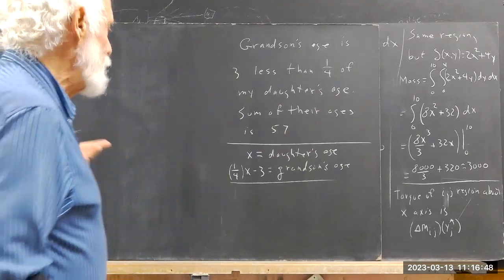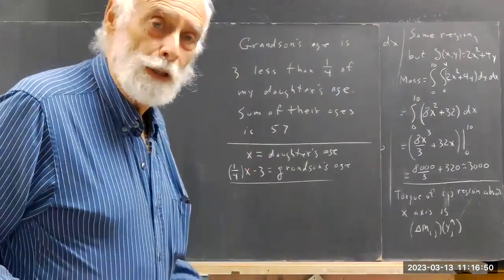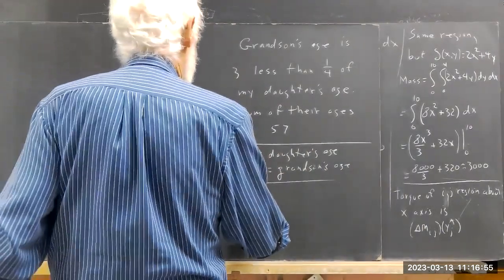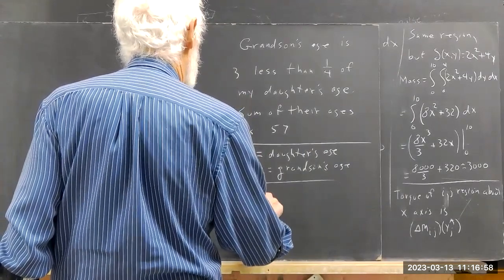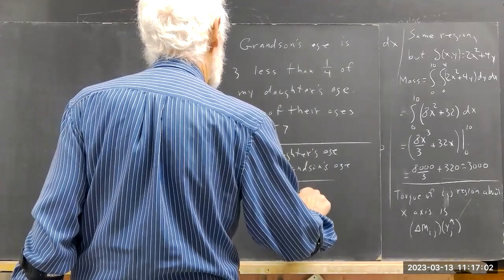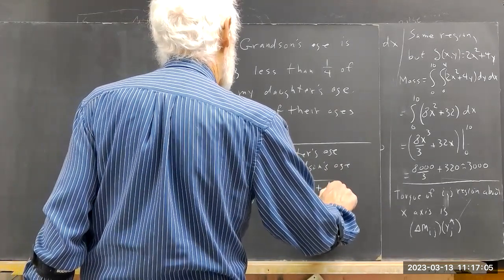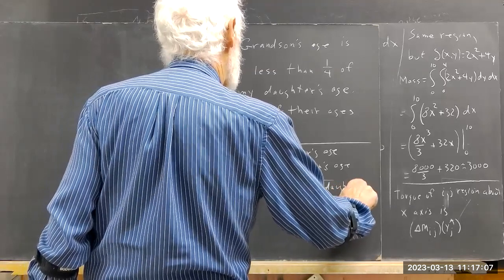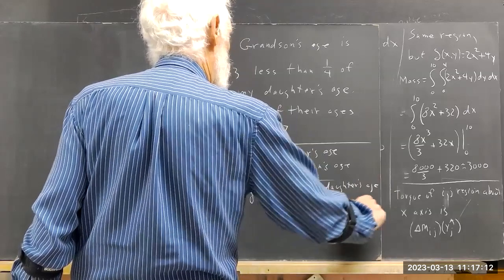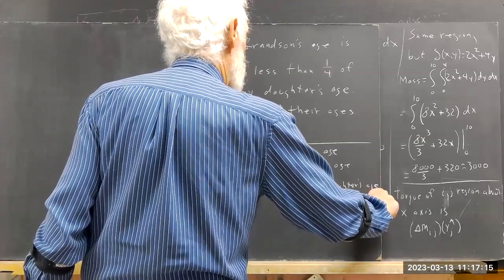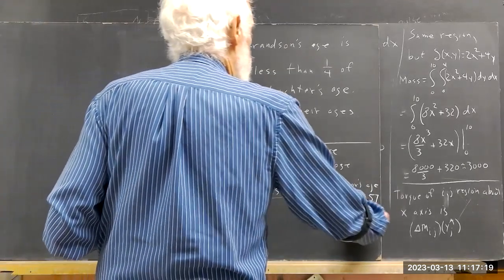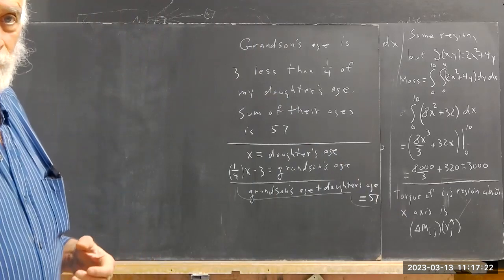Then you want to say, really carefully, before you write an equation, you want to write what the equation says. So the equation says something very simple: grandson's age plus daughter's age equals 57.